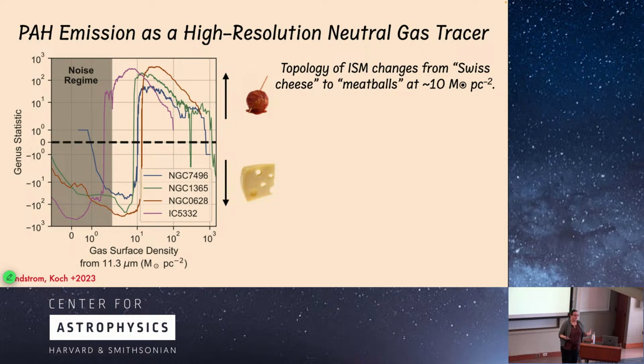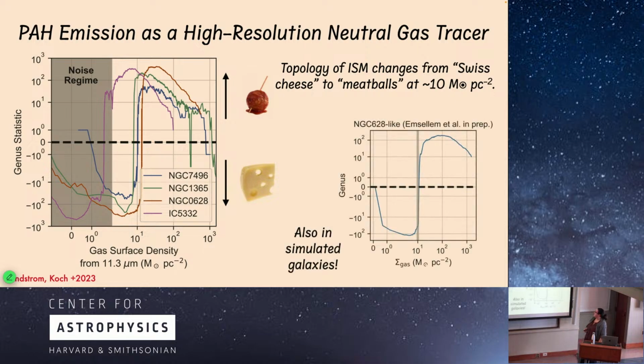So below that, you expect it to be diffuse, atomic, maybe, and be pervaded by holes driven by feedback. And then above that becomes molecular, maybe self-gravitating structures that are more like sources than they are like diffuse filling medium. So we also were able to test this out on a couple of simulated galaxies and see similar behavior.